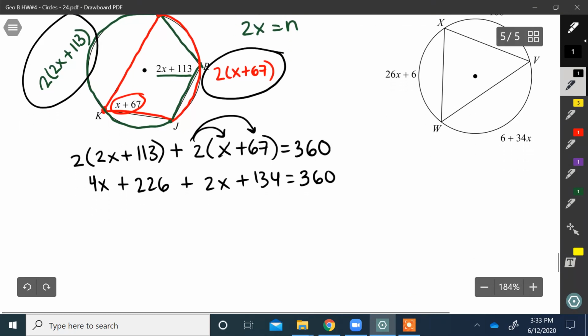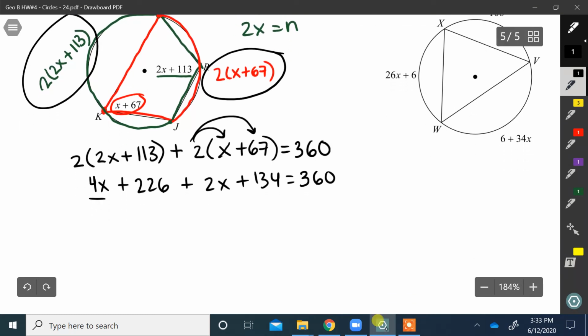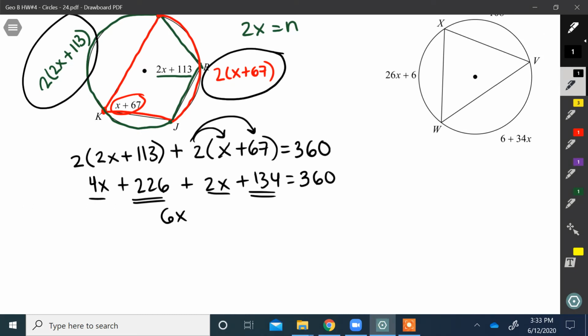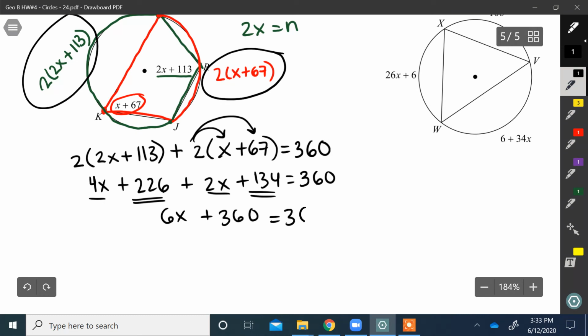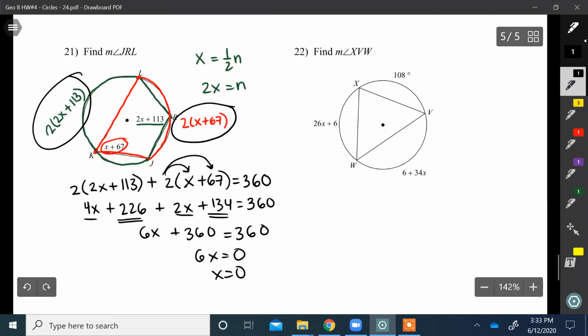Let's go ahead and combine like terms. We have 4x plus 2x, that should be 6x. And then we have 226 plus 134. Ooh, that's weird. It actually adds up to 360. That means 6x is equal to 0. That means x is equal to 0.